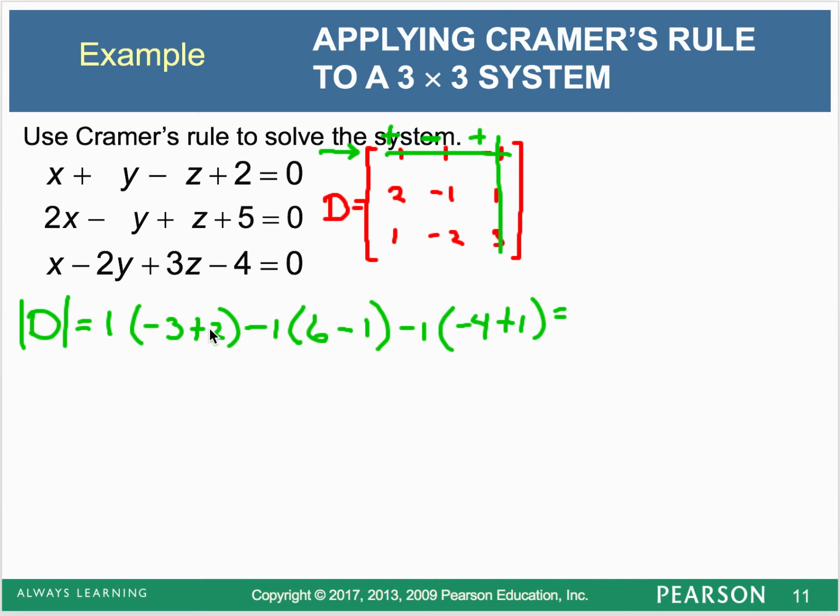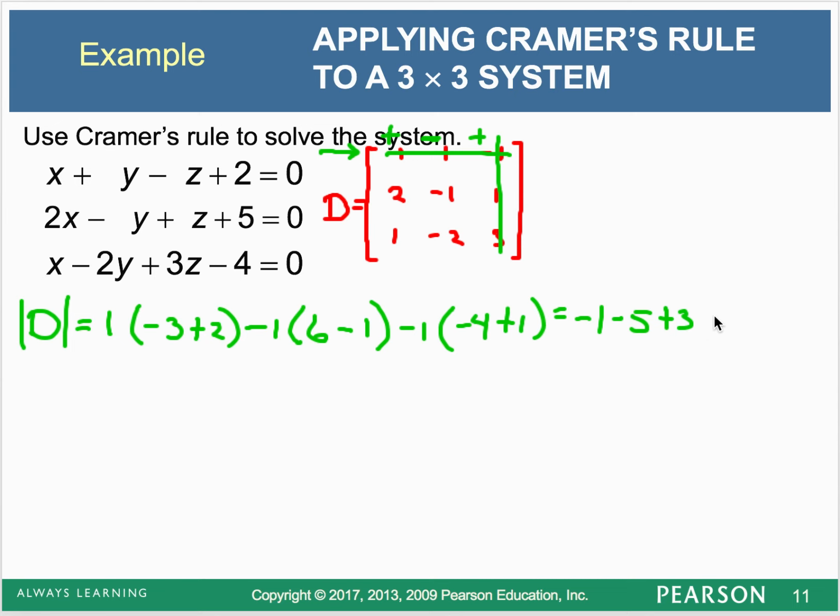Okay, so negative 3 plus 2 is negative 1. Negative 1 times 1 is negative 1. 6 minus 1 is 5 times negative 1 is negative 5. Negative 3 times negative 1, positive 3.